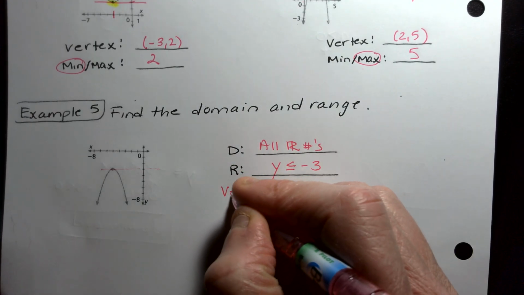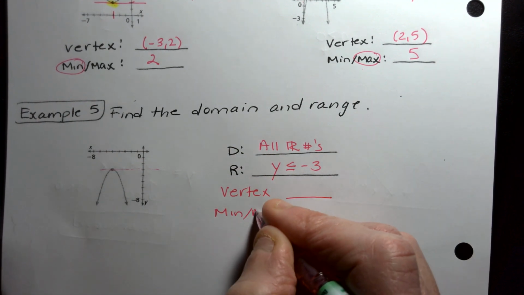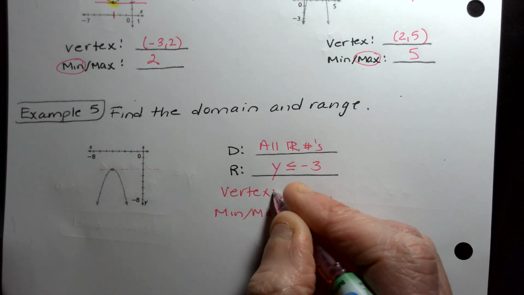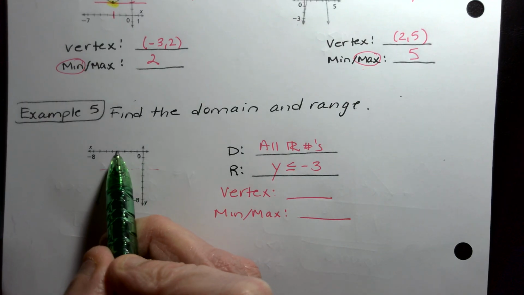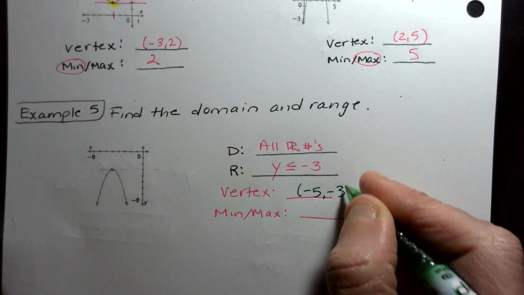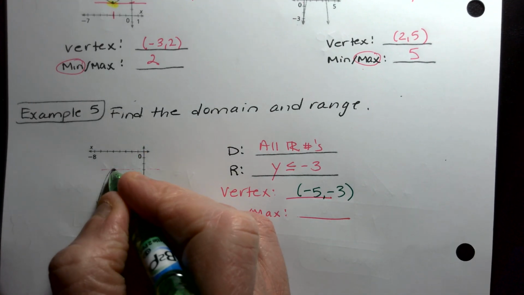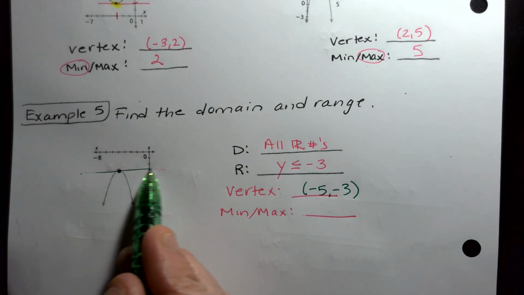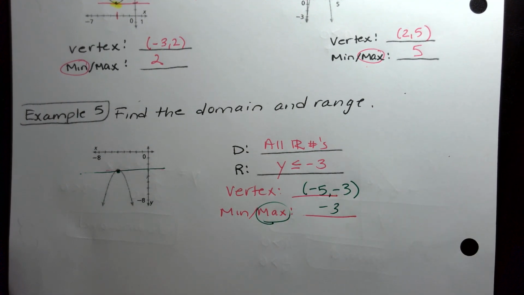Do the vertex and do the min-max. Did you get -5, -3? -5, -3 for that vertex. And that is the maximum at -3. Everything else is below it.